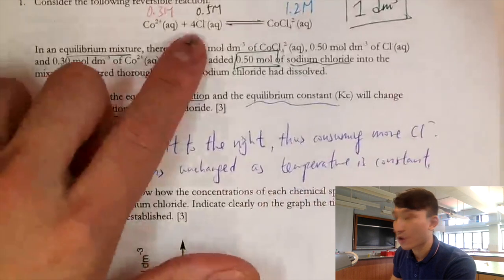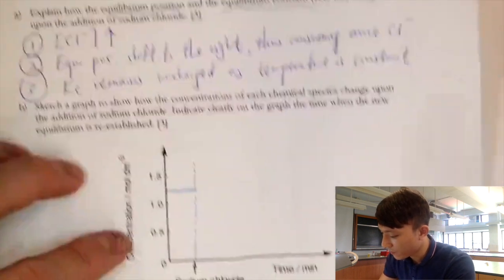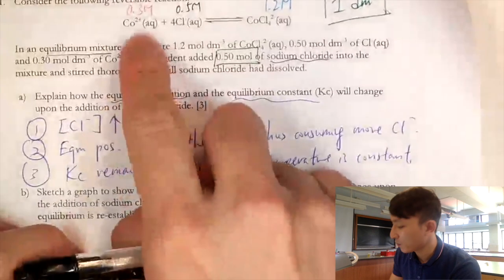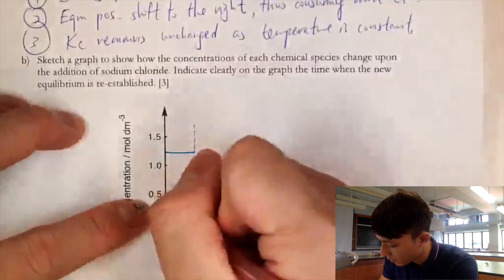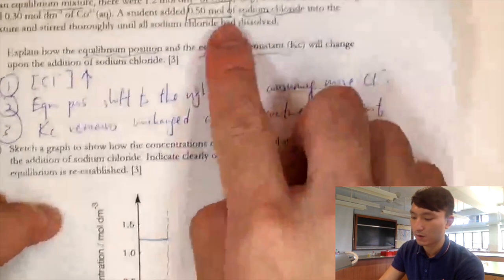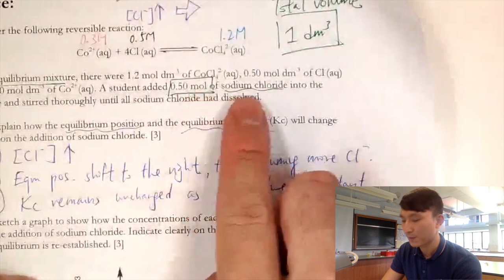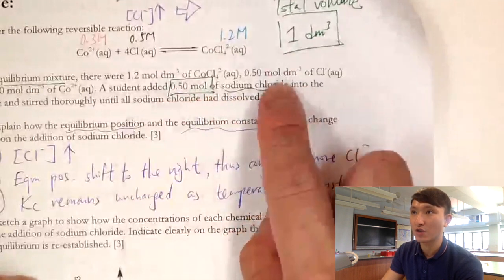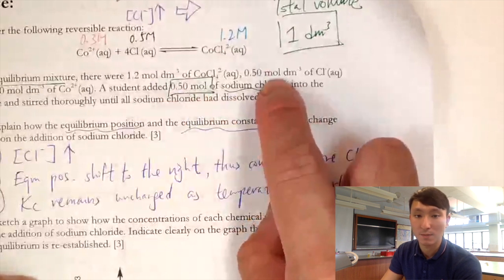And then I can have the chloride ion, 0.5 over here, and then the cobalt 2 plus, which is 0.3 over here. Now upon the addition of 0.5 mole of sodium chloride, because I said it's 1 dm cube, the concentration should change to 1 mole per dm cube, right?